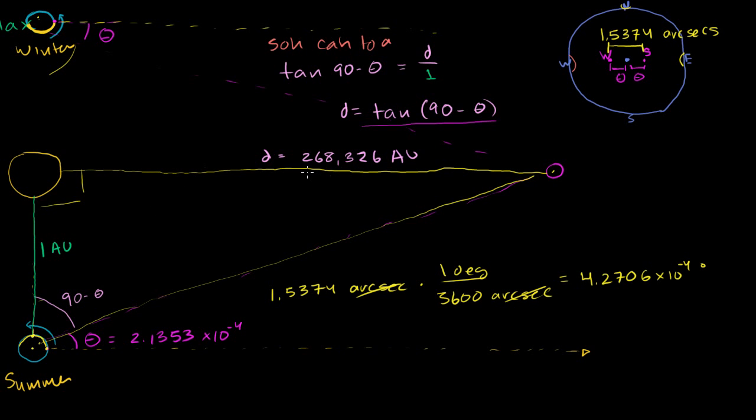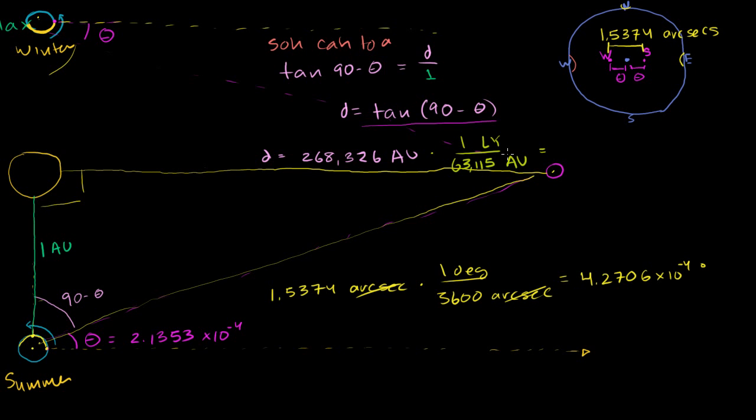Now, if we wanted to calculate that into light years, we just have to know how far an AU is versus a light year. 1 light year is equivalent to 63,115 astronomical units, give or take a little bit.